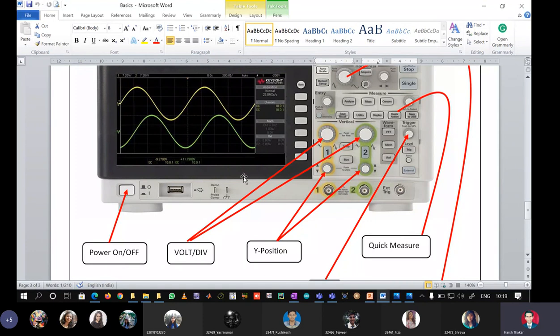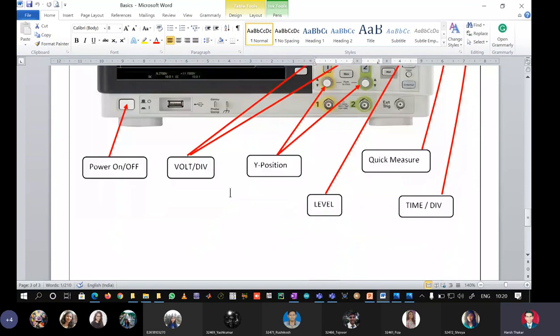Usually in CROs, they provide a 1 volt peak to peak 1 kilohertz square wave at one of the pins there, and you can connect the red terminal of the probe there and the black terminal to the ground. If you get a perfect 1 volt peak to peak 1 kilohertz square wave, that means the probe is working properly. Only such a probe should be used for observing the waveforms of the kits.